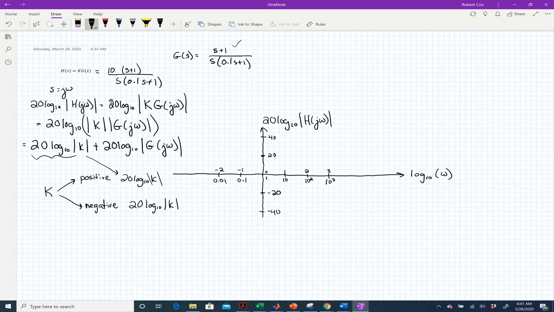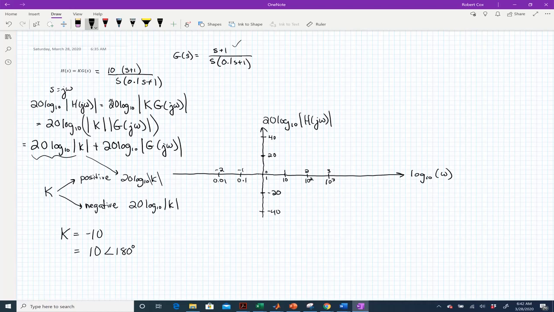So what happens if K is negative? Let's say K was equal to negative 10. That just means it's equal to 10 with an angle of 180 degrees. The magnitude of any number is always positive, and if I have a negative number, it just means that I have minus 180 degrees.